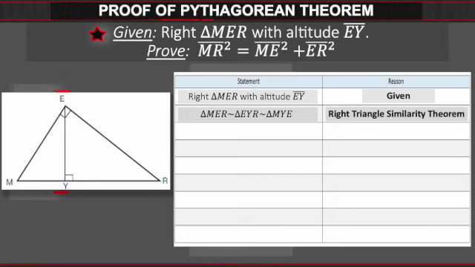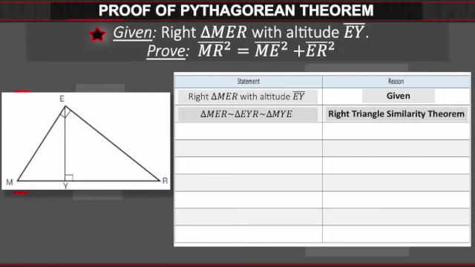And what would be the reason? We call that the right triangle similarity theorem, from our earlier review.